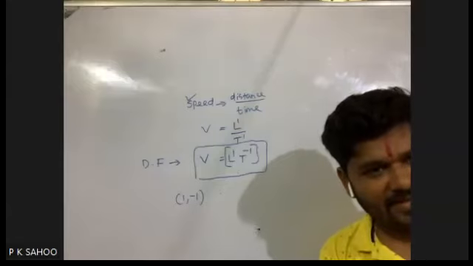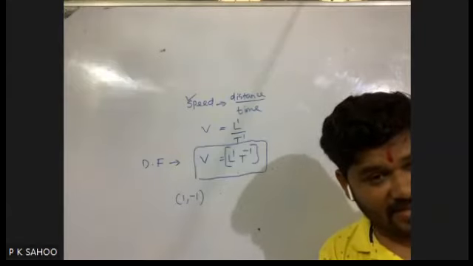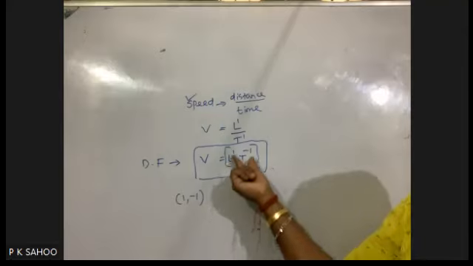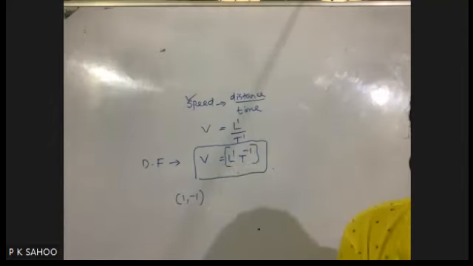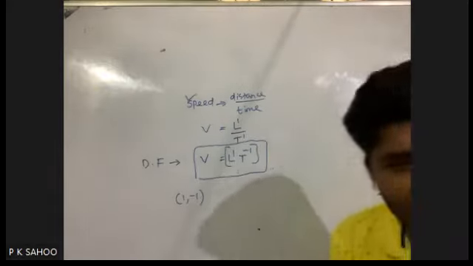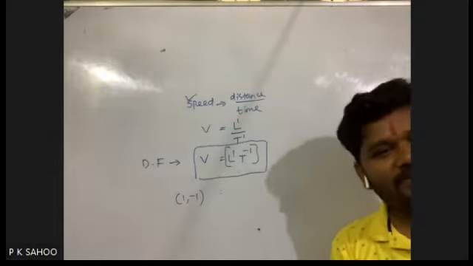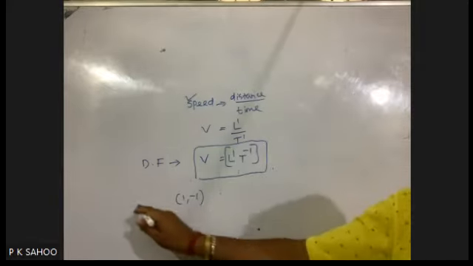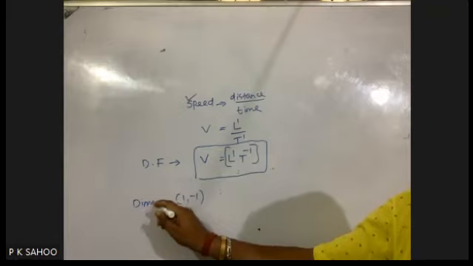Again, I repeat, dimensions are the numbers or powers to which fundamental quantities are raised to express the physical quantity. Here, this 1 and minus 1, they are called the dimensions.